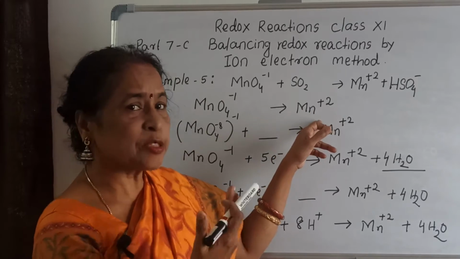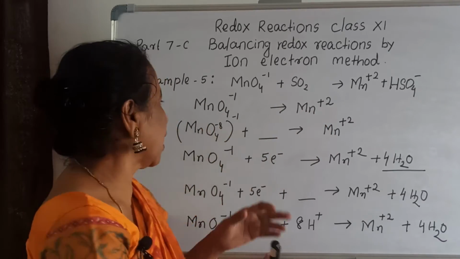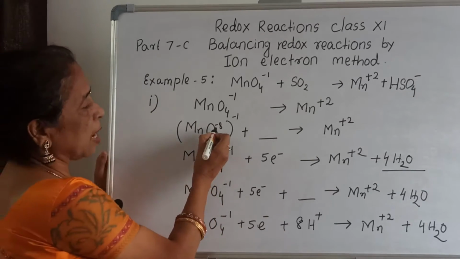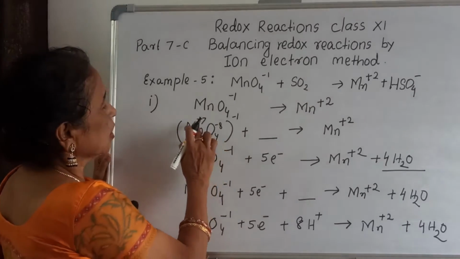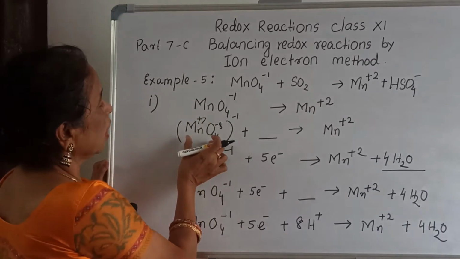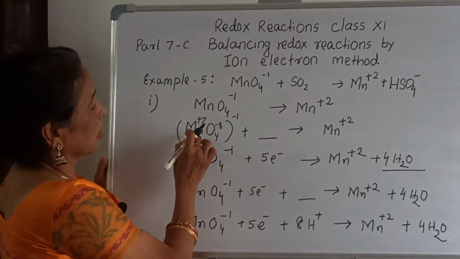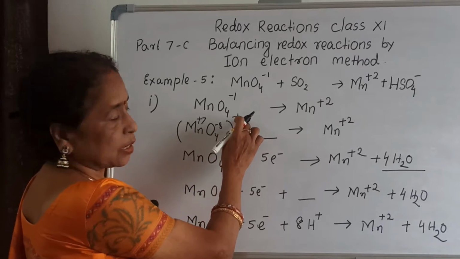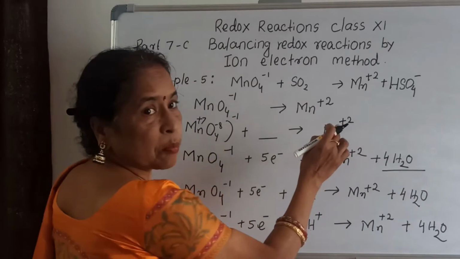It is 4 into minus 2, that is minus 8, and manganese should be plus 7 so that the sum of the oxidation numbers in MnO4, that means manganese and oxygen, comes to minus 1. So it is plus 7, and now it changes to plus 2.